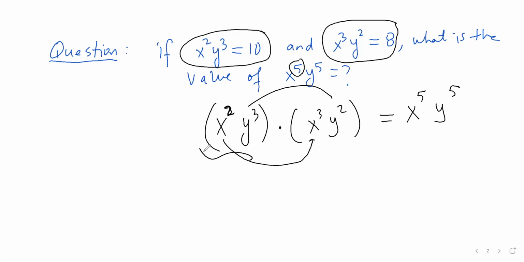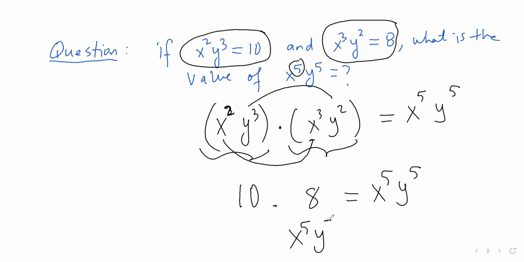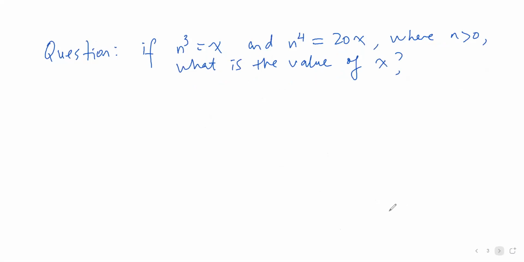I know the value of this is given to me, so that's 10. And I know the value of this is given to me, that's 8. That equals x to the 5, y to the 5, which means x to the 5, y to the 5 is going to be 80. So that's that.